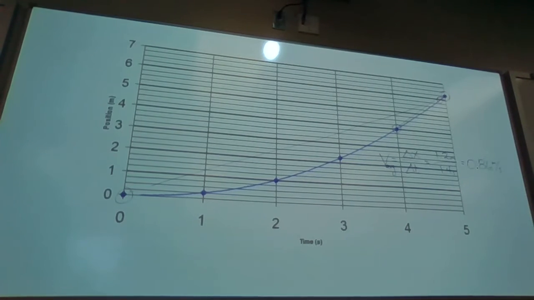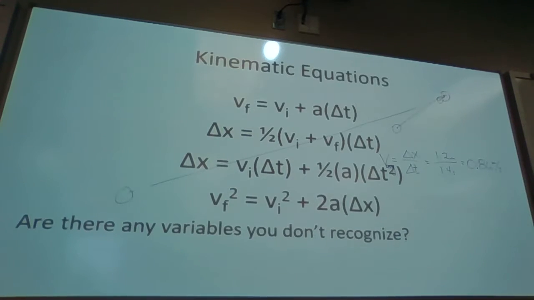Problem, we don't know calculus, and you don't need to know calculus for this class. So calculus created these equations to help us out. These are known as kinematic equations.